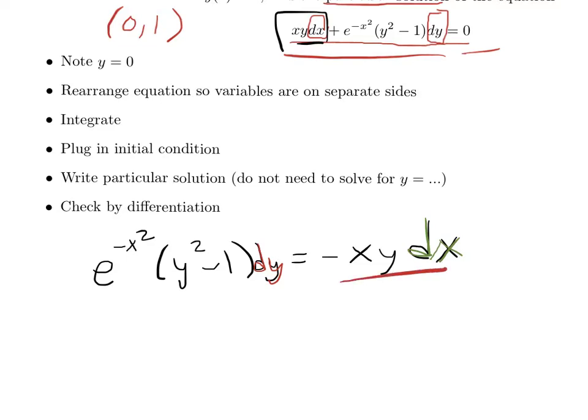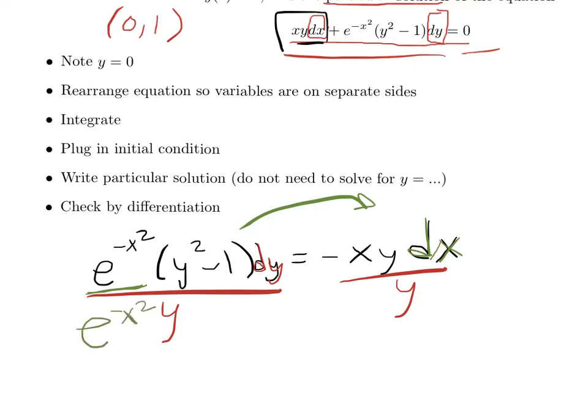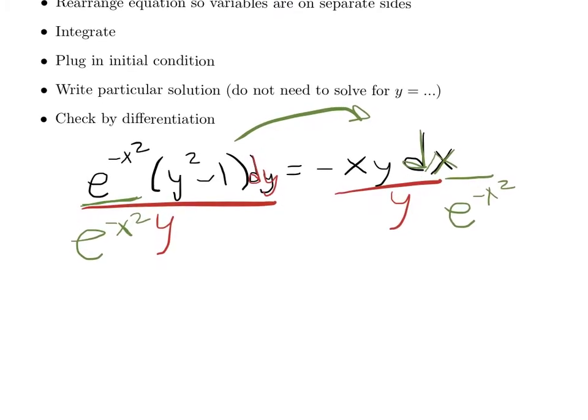Just the y. We need to divide by y on both sides. What terms from the left side need to move to the right? We need to divide by e to the negative x squared. That should do it.